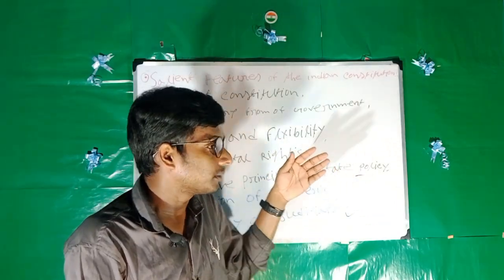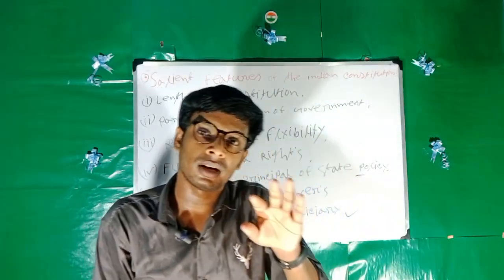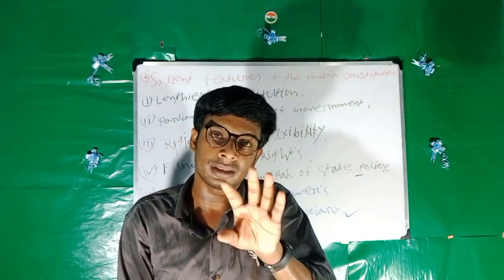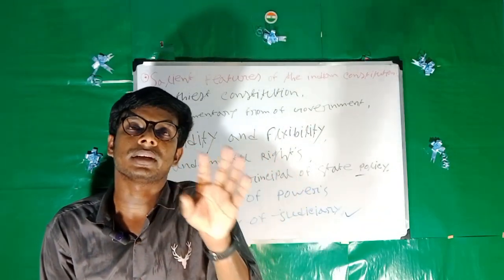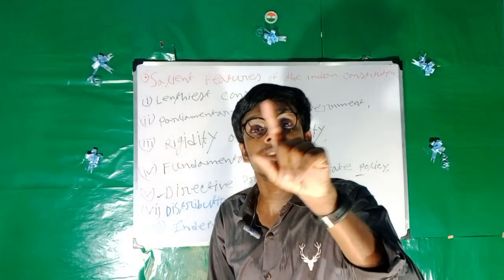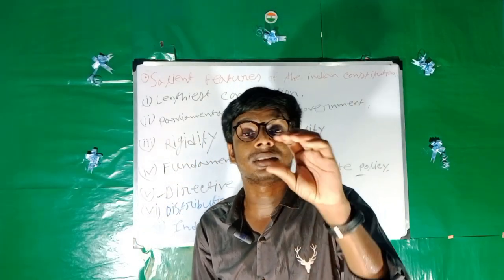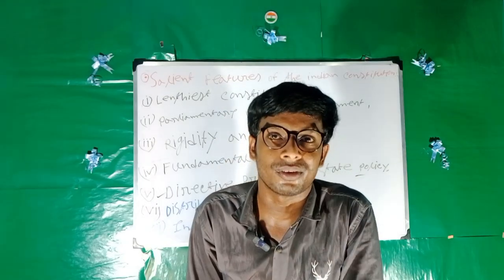So the state makes certain rules, principles and policies for the citizens of India, but you cannot go to court against these policies and rules. The DPSP is not justiciable in a court of law.